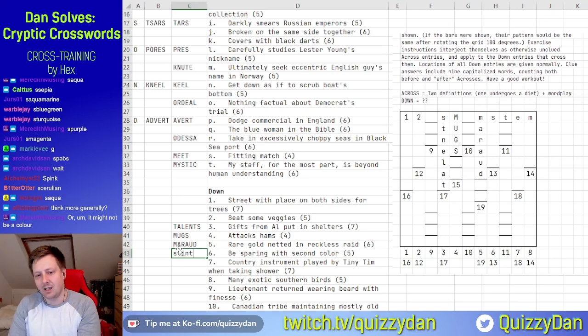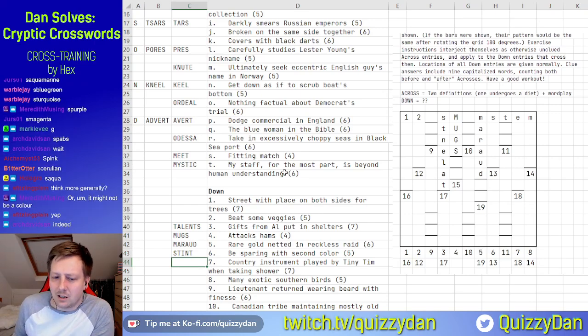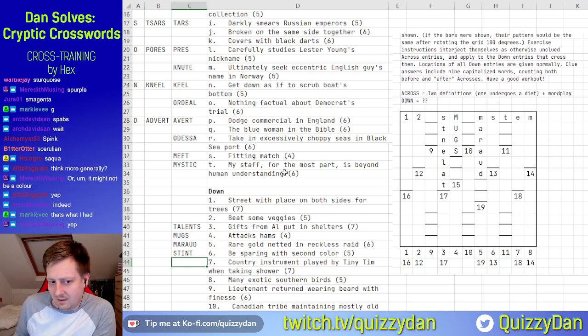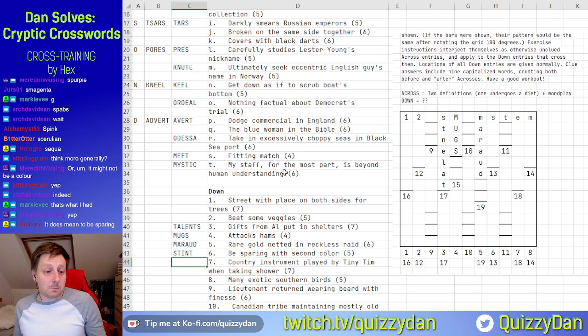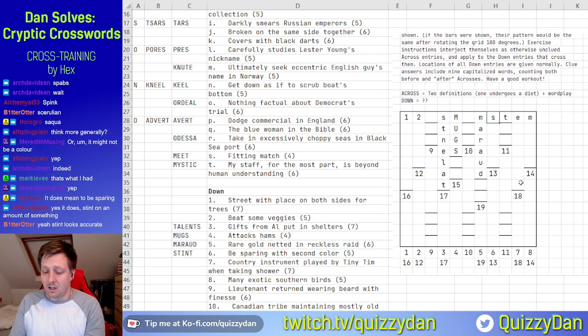Tint. So we got stint. I don't like it. It doesn't make sense with be sparing. But people are saying yes. Why are you saying yes? So a colour is a tint. That's fine. So S and then tint. That's stint. Be sparing with is stint. To stint is to be sparing. Okay.